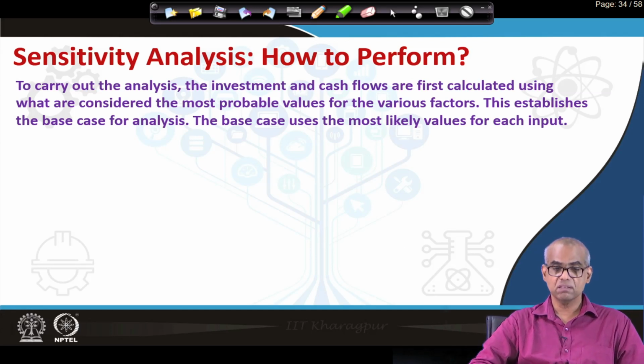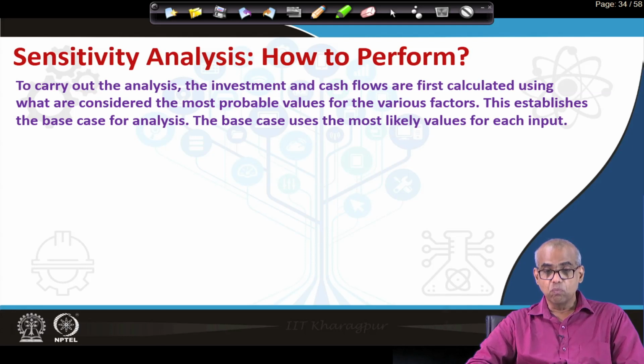So, what is the base case? The base case is the most likely values for the inputs that go for calculation of the profitability analysis.